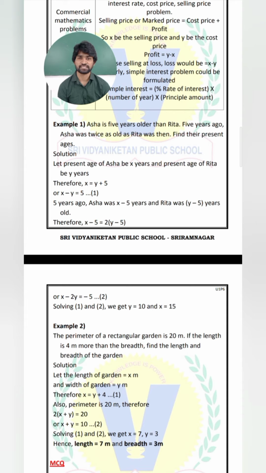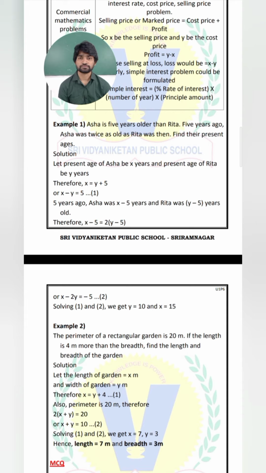Now the second case is there. 5 years ago. 5 years ago means past. We have to subtract. 5 years ago Asha was, we are talking about Asha, so subtract 5 from Asha, x minus 5. When you subtract 5 from Asha's age, you have to subtract that 5 years from Rita's age also.